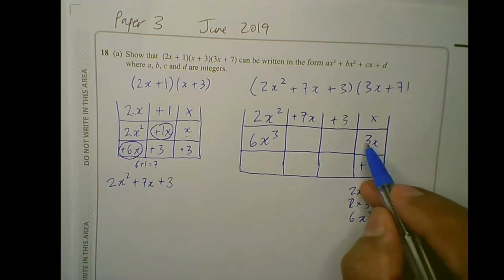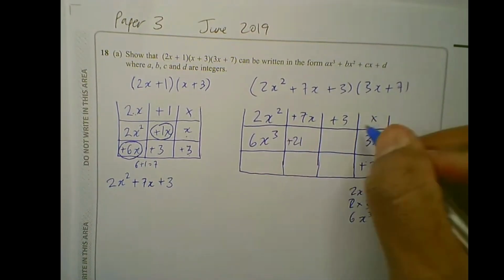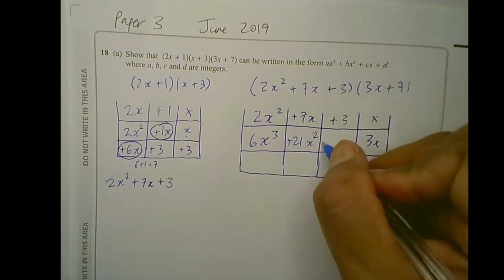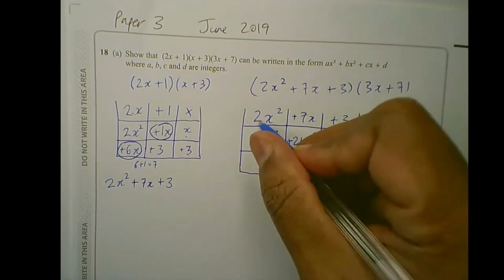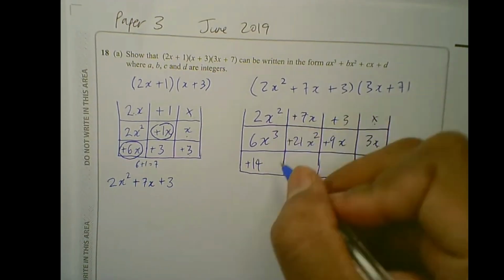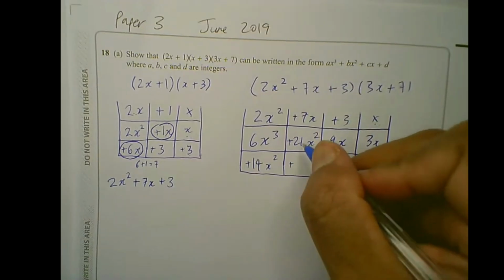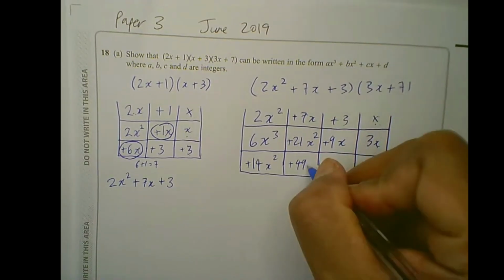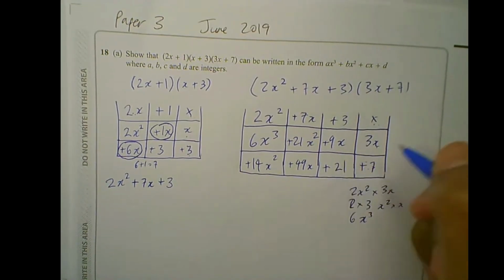Similarly with this one here, 3 times 7 is 21, so plus 21. x times x is x squared. 3 times 3 is 9, so 9x. 7 times 2 is 14, so plus 14x squared. 7 times 7 is 49, and this is x. And the last one, 7 times 3 is 21.